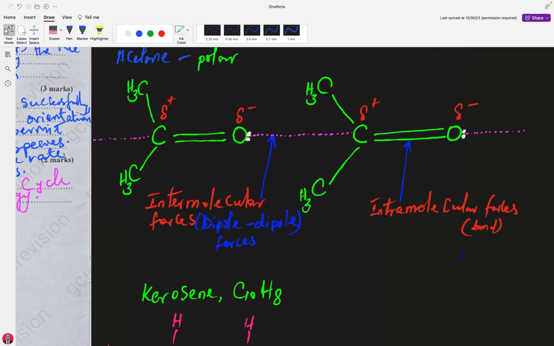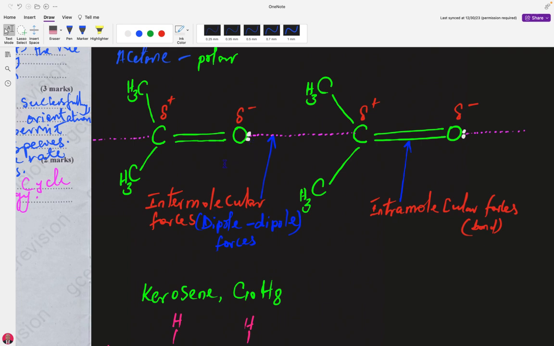This is the structure of acetone. It is polar: carbon and oxygen have a difference in electronegativity. For that reason, there is a permanent dipole here because of carbon and oxygen. A permanent dipole of attraction. This is the two: permanent dipole attraction.